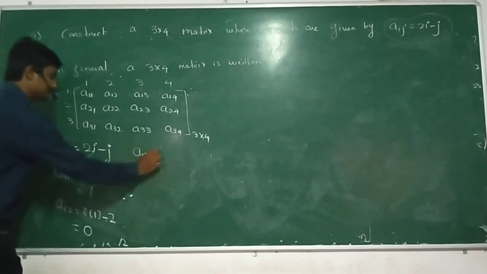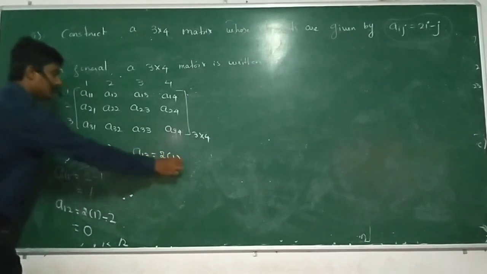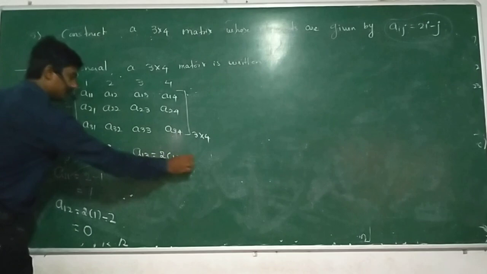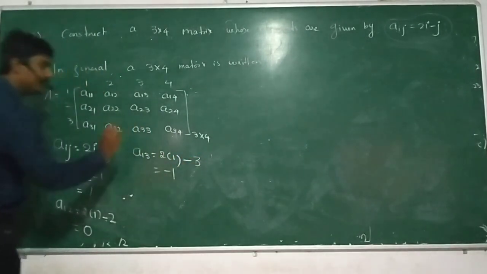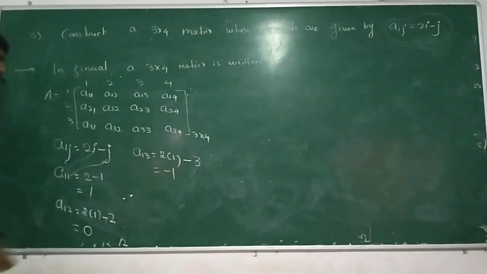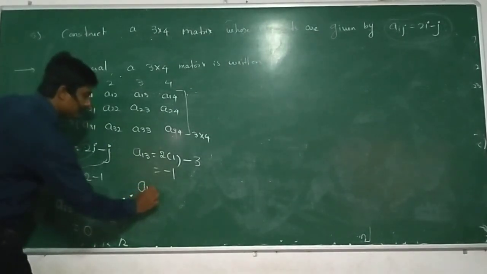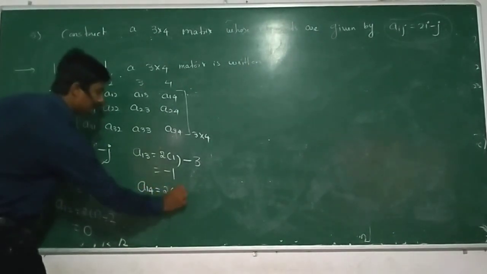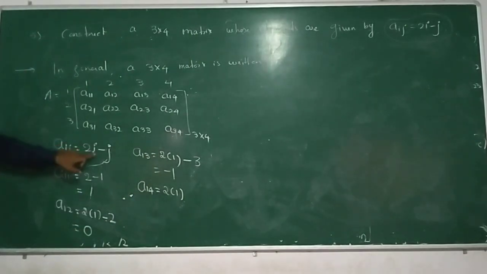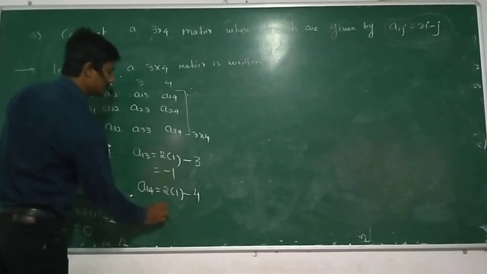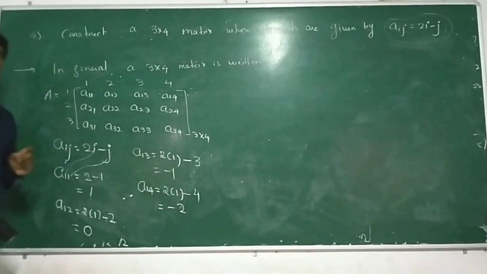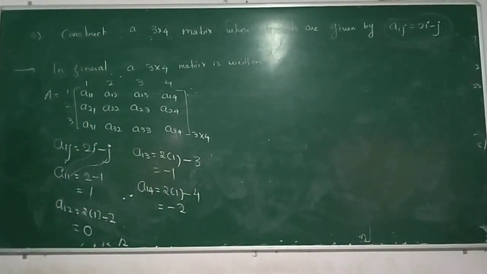A13: 2 into 1 minus 3, so 2 minus 3 is minus 1. A14: i value is 1, 2 into 1 minus 4, so 2 minus 4 is equal to minus 2. So we have found all the elements present in the first row.